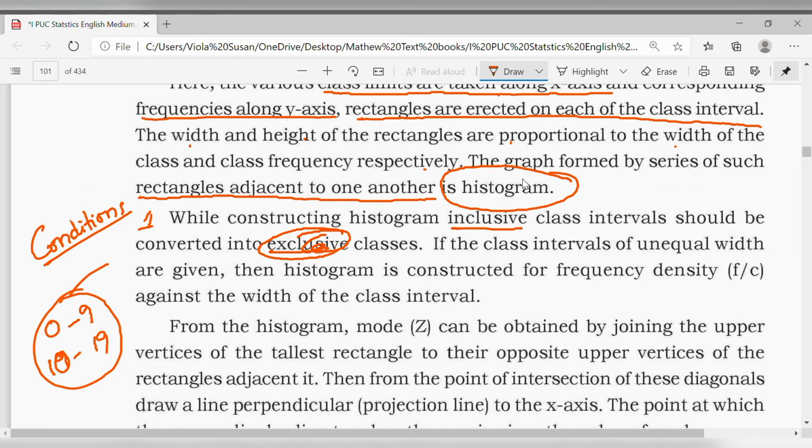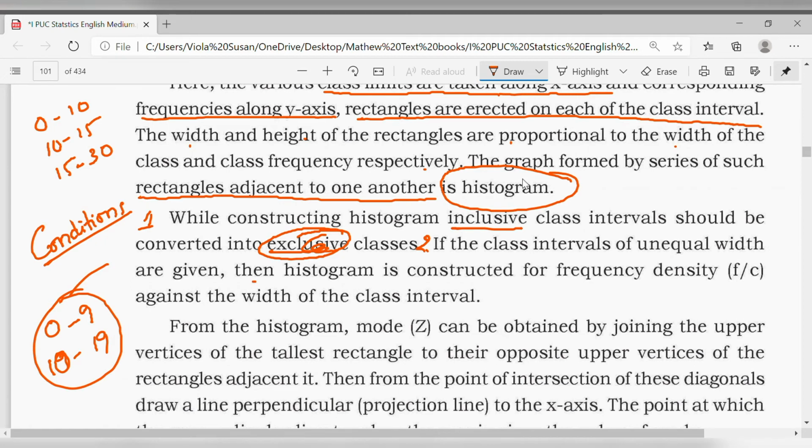The second condition, very clearly mentioned here, is if the class intervals are of unequal width. For example, one is 0 to 10, another is 10 to 15, another is 15 to 30. You see here the first class interval is of size 10, the second is of size 5, and the third is 15. Like that, we have unequal width of class intervals.